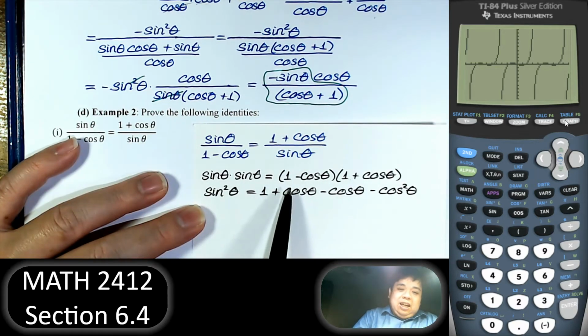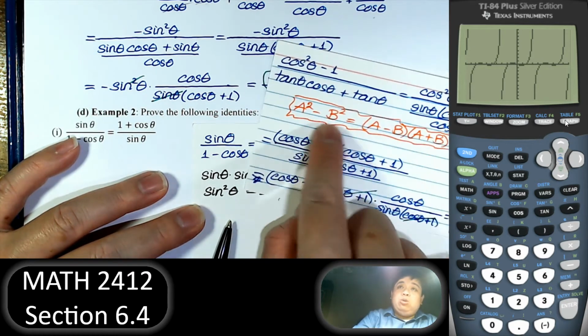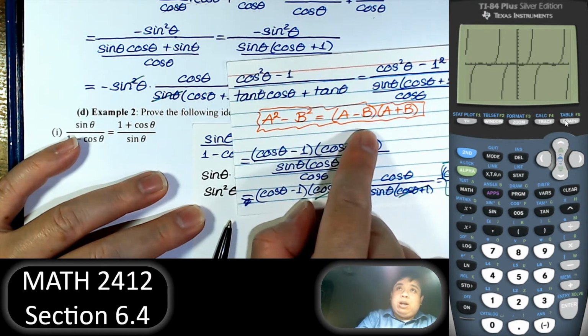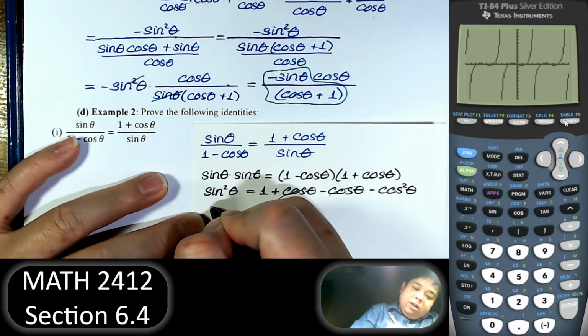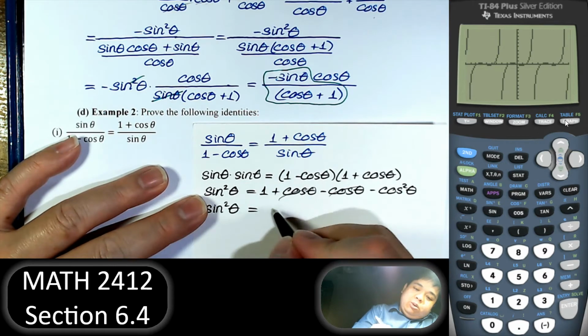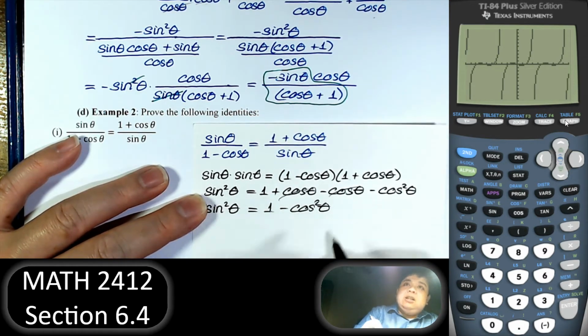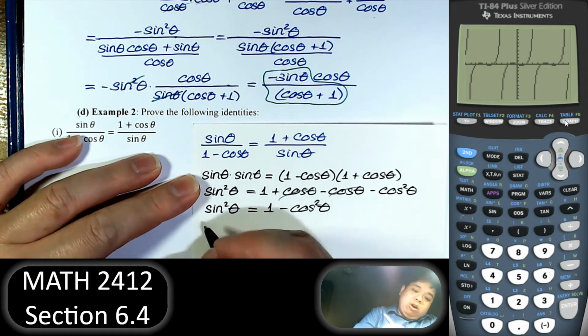Because cosine theta and minus cosine theta cancel out the middle term, we can also use the difference of two squares. So we get sine square equal to 1 minus cosine square, right? And then of course we add cosine square on both sides.